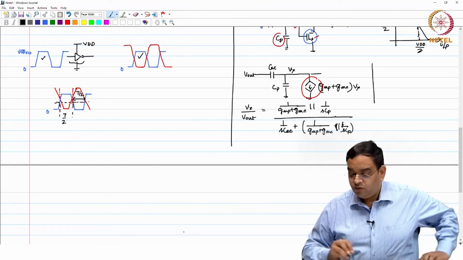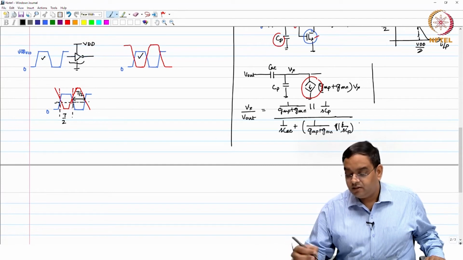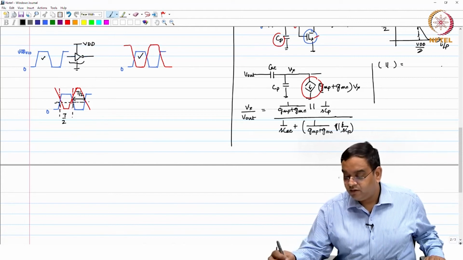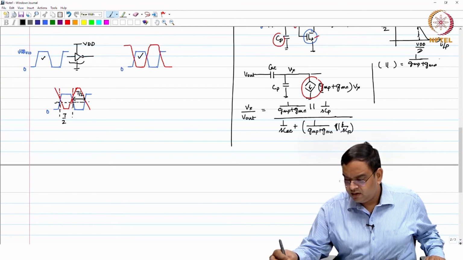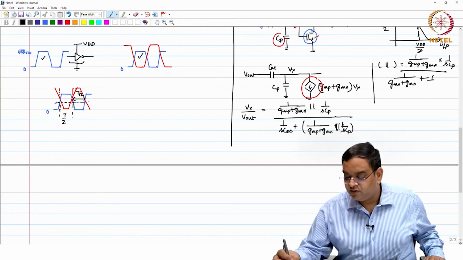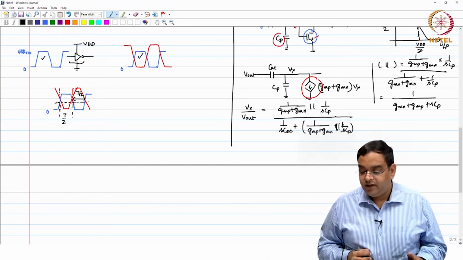To calculate that value, 1 over GMP plus GMN in parallel with 1 over SCP is going to be 1 over GMP plus GMN times 1 over SCP, divided by GMN plus GMP plus 1 over SCP. There is nothing difficult here. So, what you get is GMN plus GMP plus SCP, right.